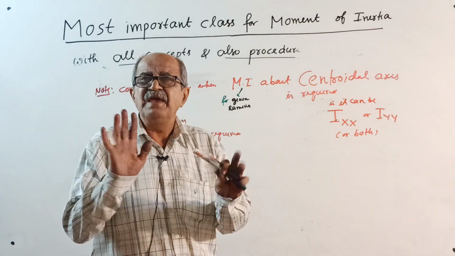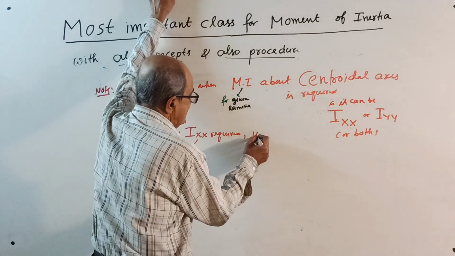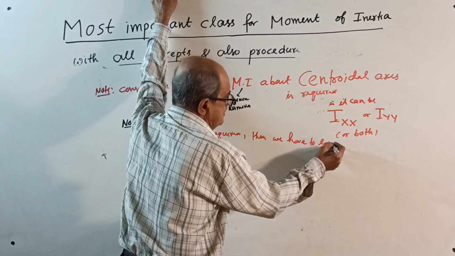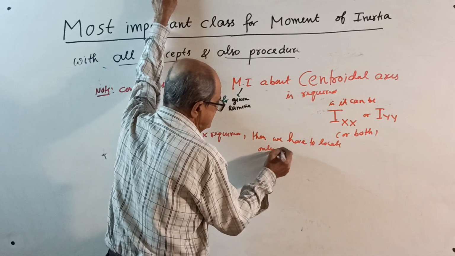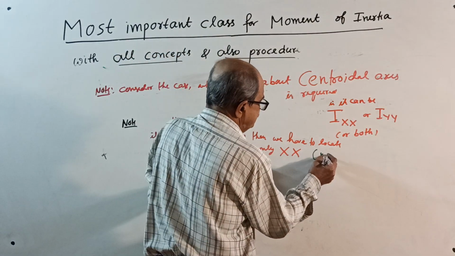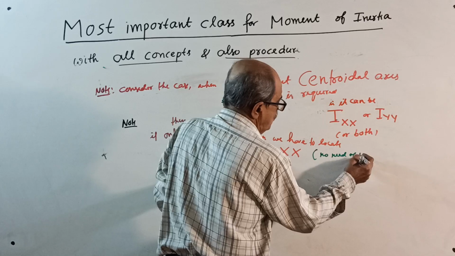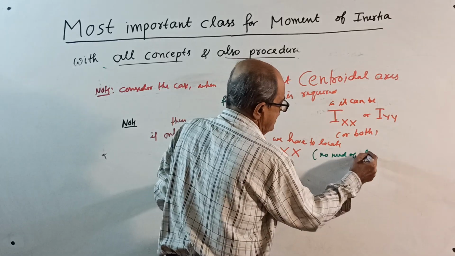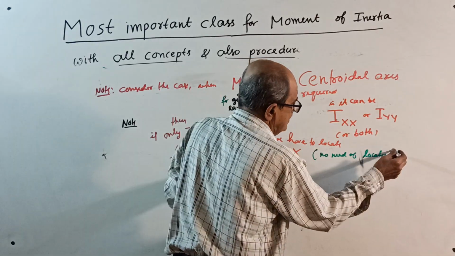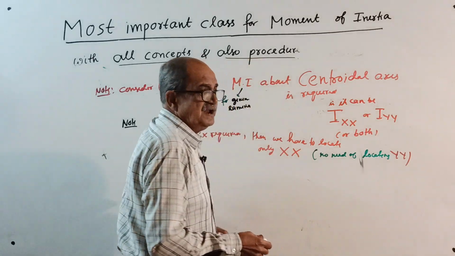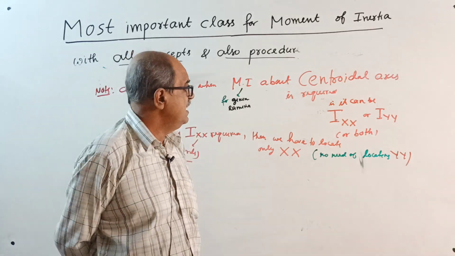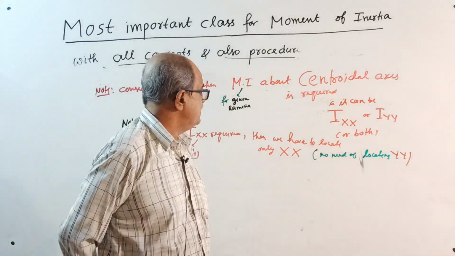Then we have to locate only XX. There is no need of locating YY; it is a waste of time. If the question is only to find I about the XX axis, there is no need of locating YY. Don't waste time. Only XX.